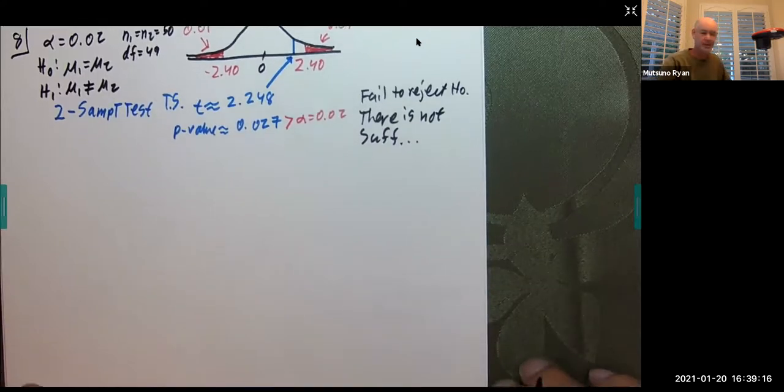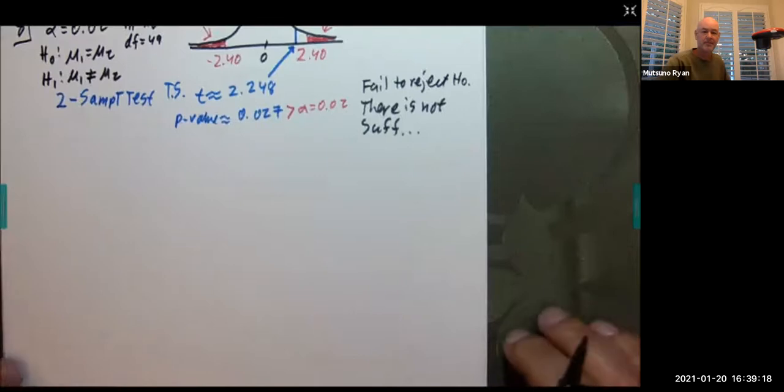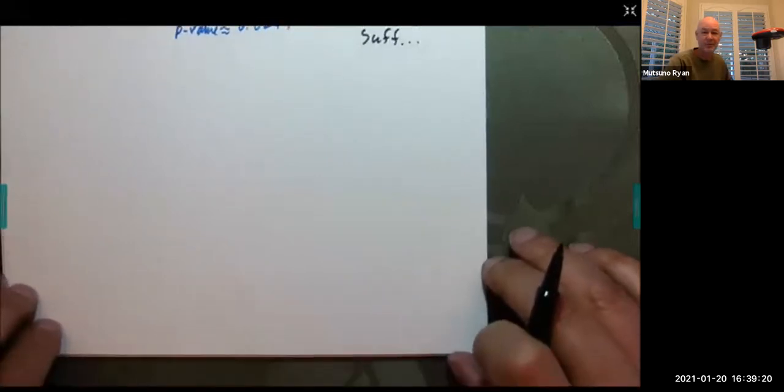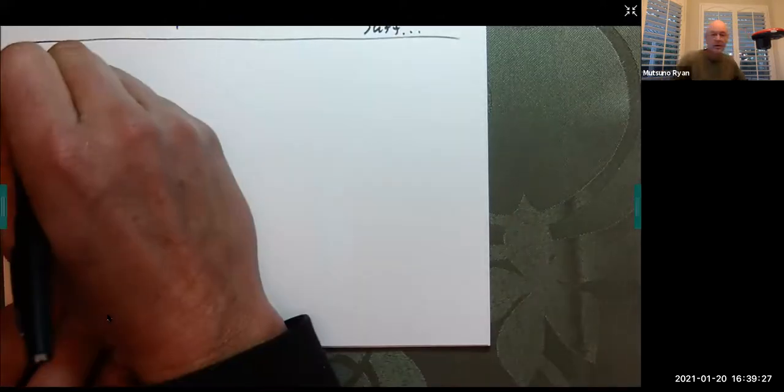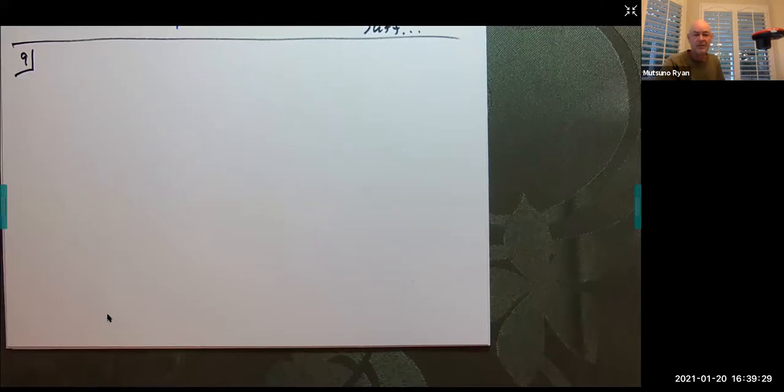All right, number 9. You have to write it out though, unfortunately. Number 9, we have a confidence interval between two population means.